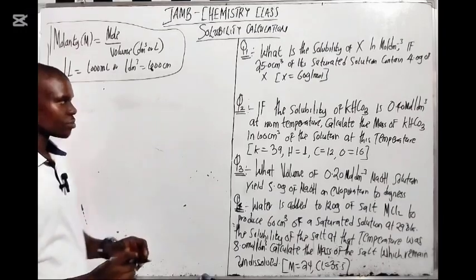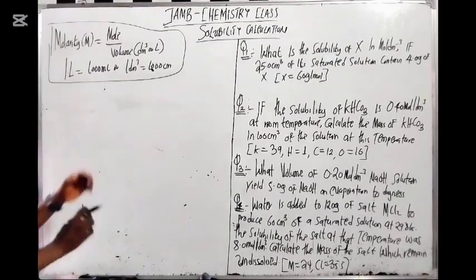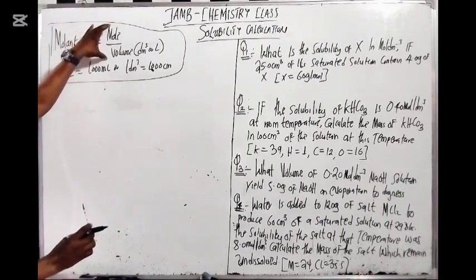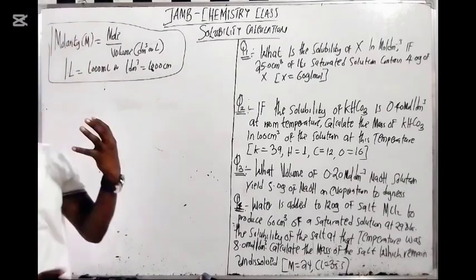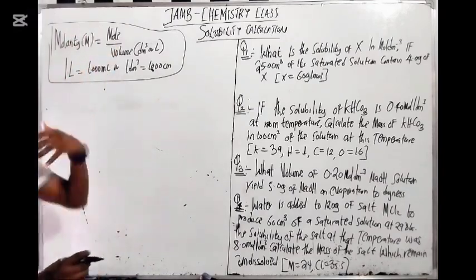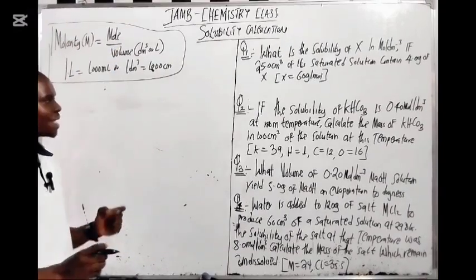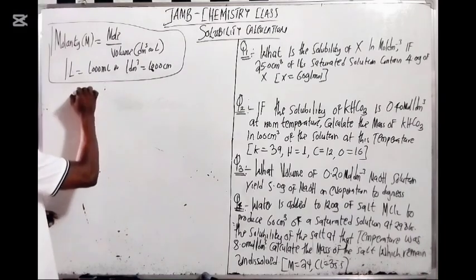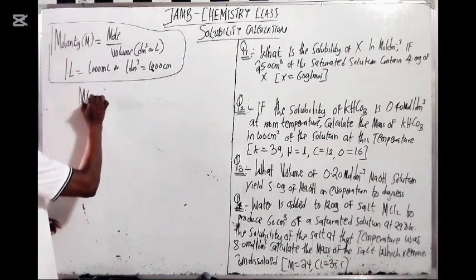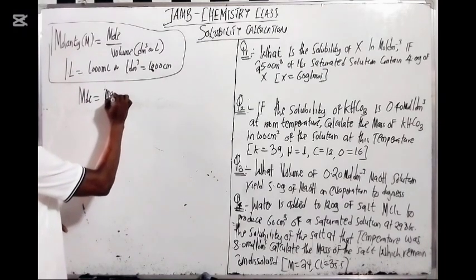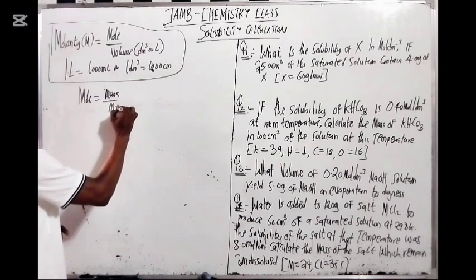Now another thing you want to understand, you can break this down because at times in questions you will not be given the mole, you will be given the mass, right? Remember, mole equals mass over molar mass.